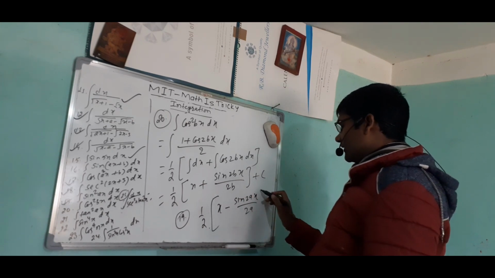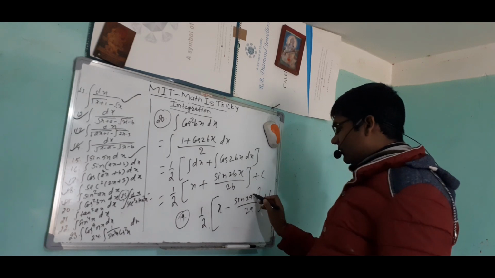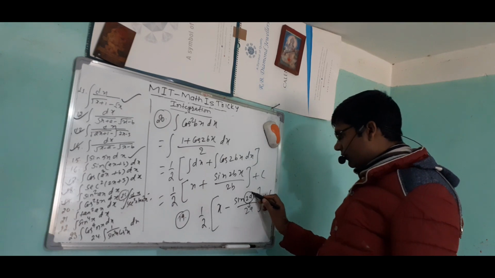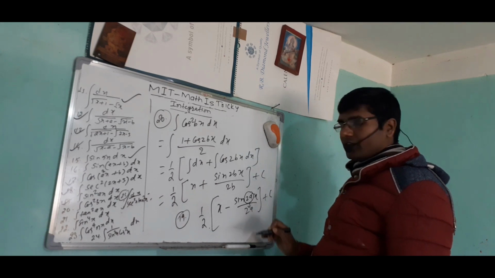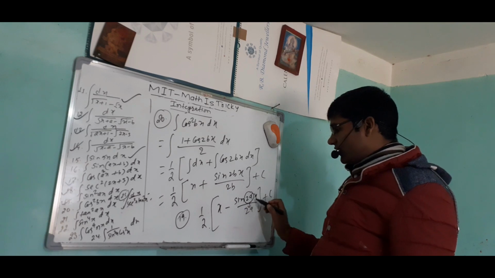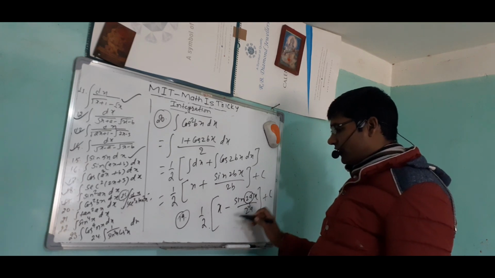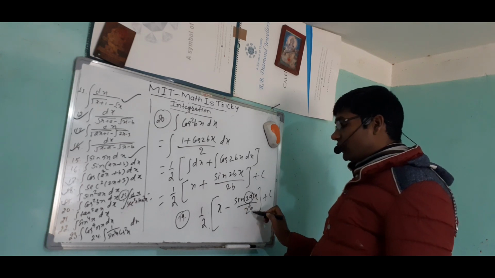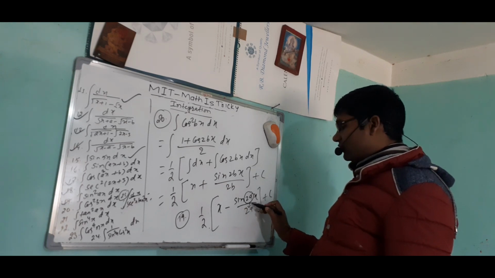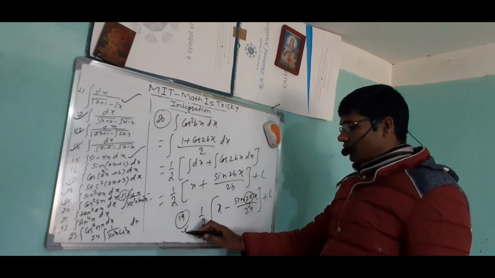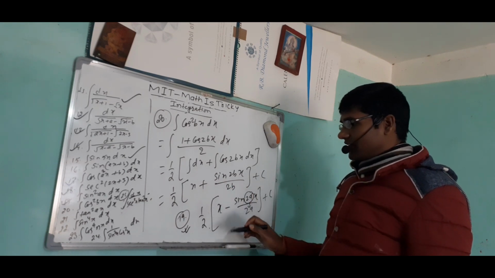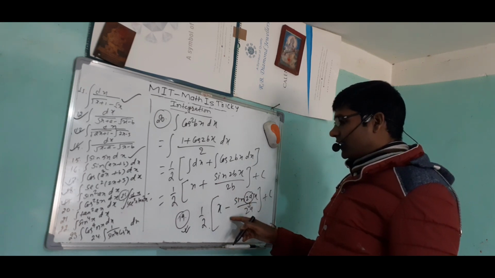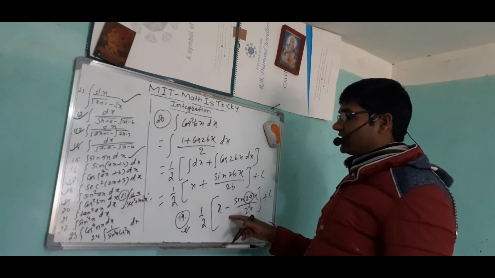Remember, the coefficient of x will divide; the numerator will be divided by the coefficient of x. 2a will be there: 1/2 x minus sin 2ax/2a. So in case of 19 also, you have to follow the same process. Just in case of 20 it is plus, in case of 19 it will be minus, as I told you.